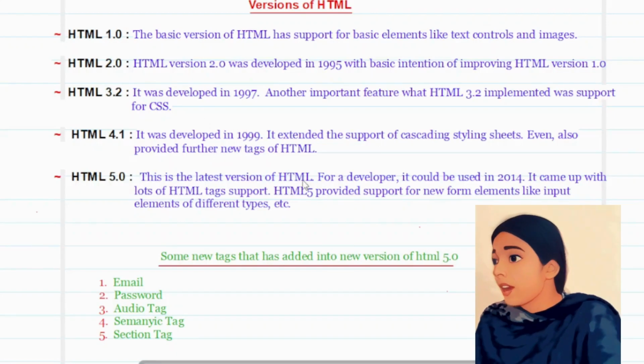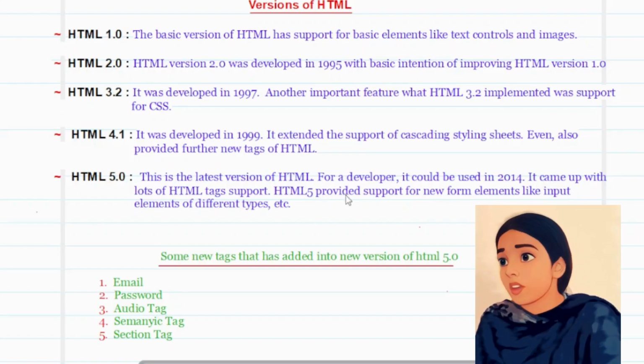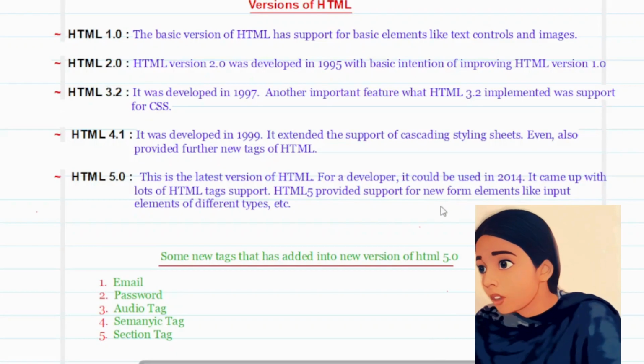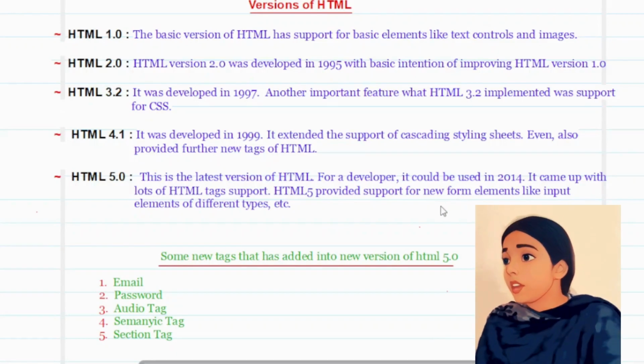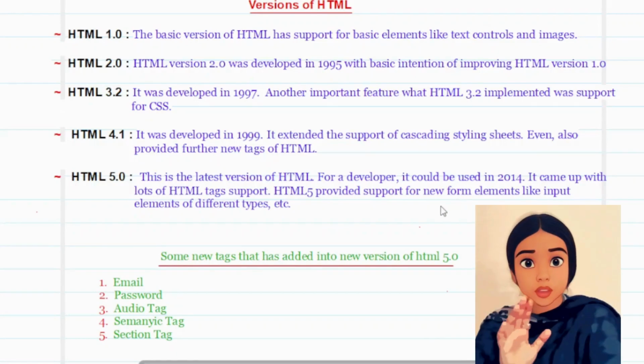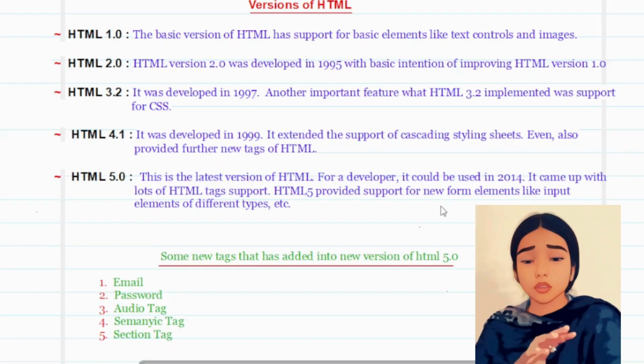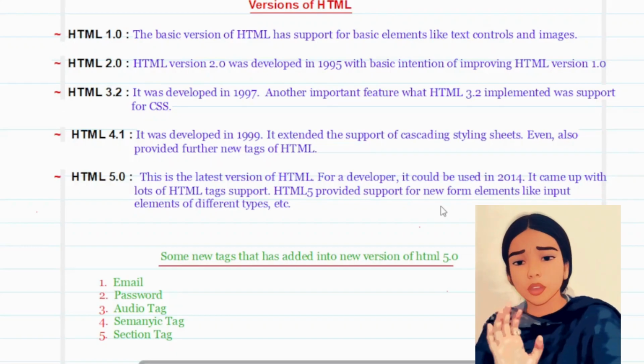And the last one, the latest version of HTML, came in 2014, and it came with a lot of new tags, like the input tag, the form tag, the video tag and many more.